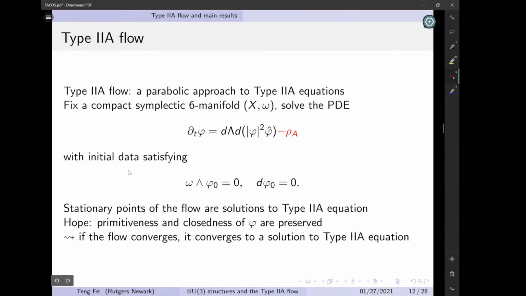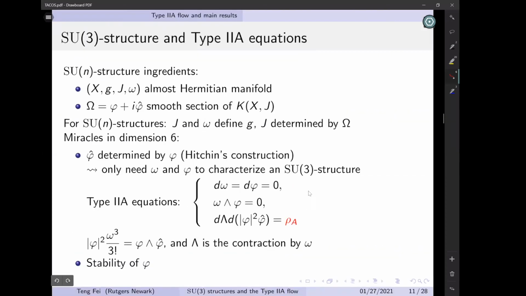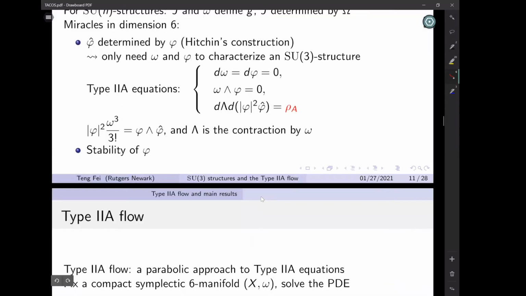And we want some initial data such that the initial 3-form is primitive and also closed. And we hope that this primitiveness and closedness of phi can be preserved along the flow, which means the first two equations here can be solved automatically.